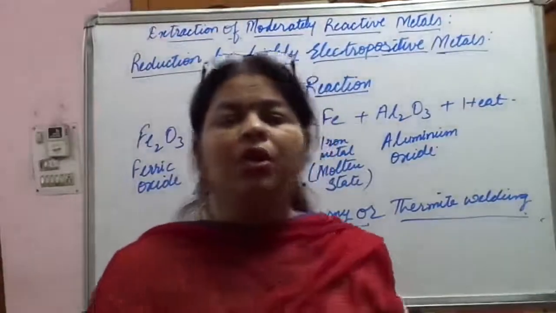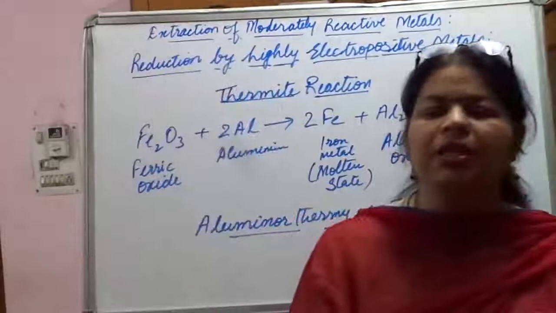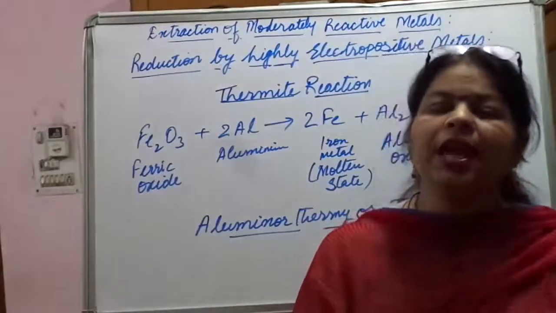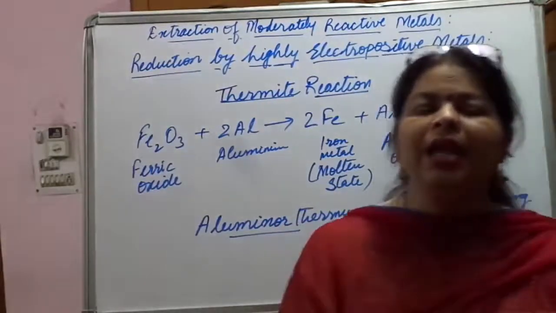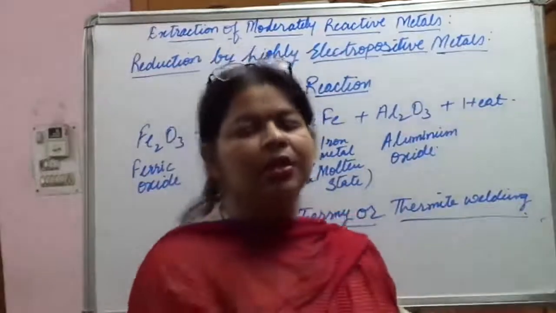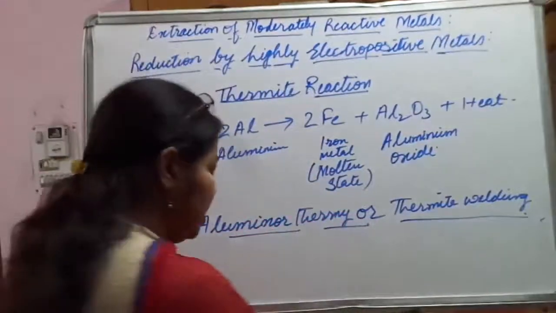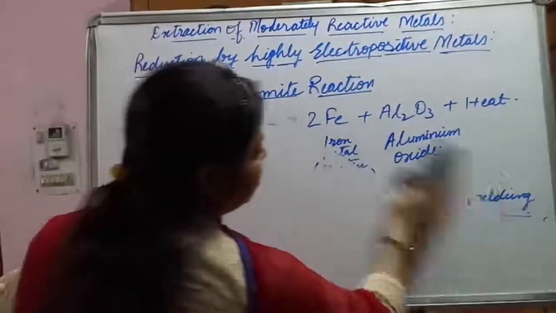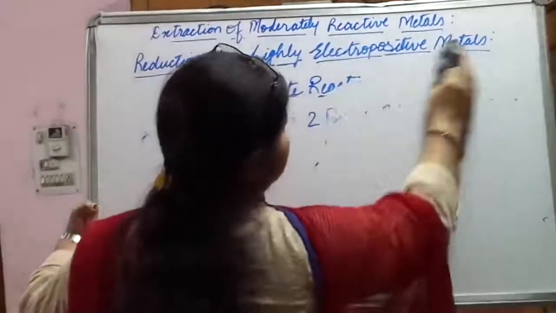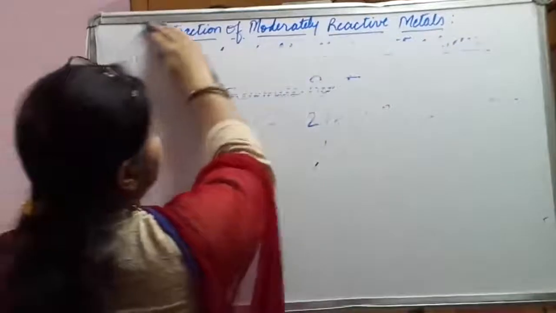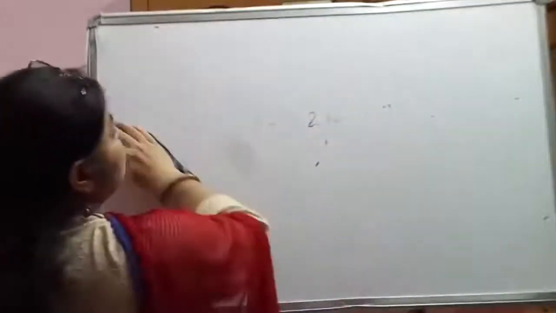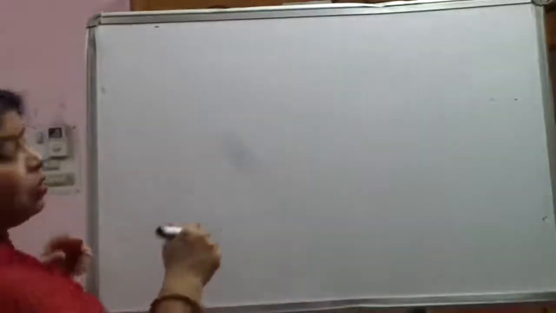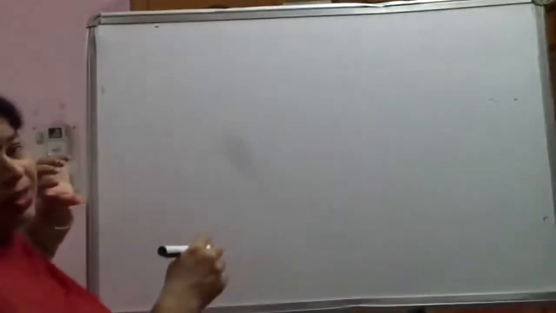Now let us come to the next concept, the electrolysis of highly reactive metals. We were talking about the moderately reactive metals, those in the middle of the reactivity series, neither highly reactive nor less reactive.